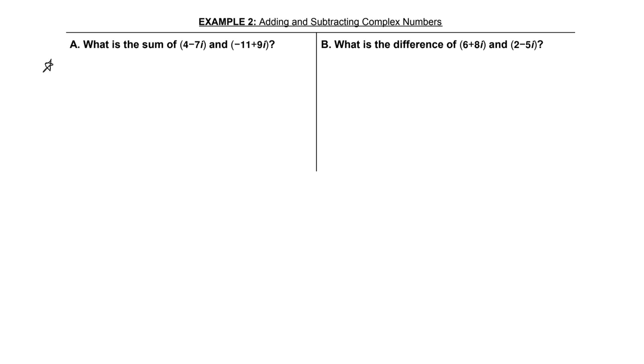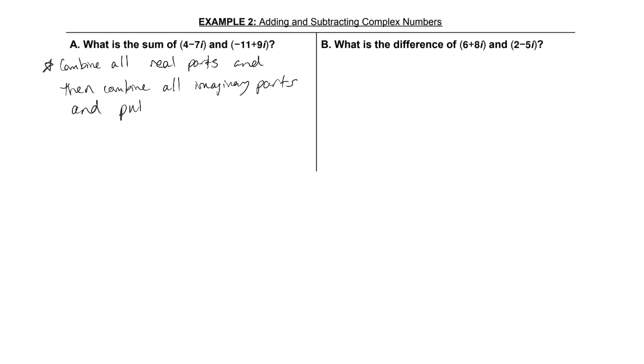So you want to combine all real parts and then combine all imaginary parts, and put in a plus bi form.